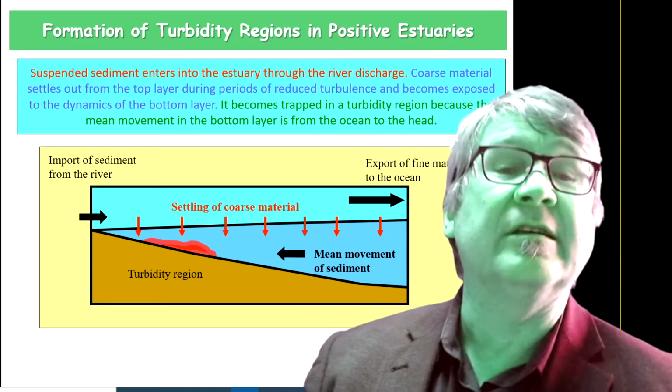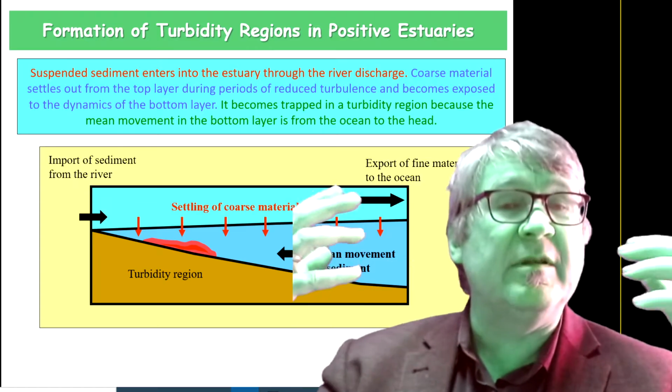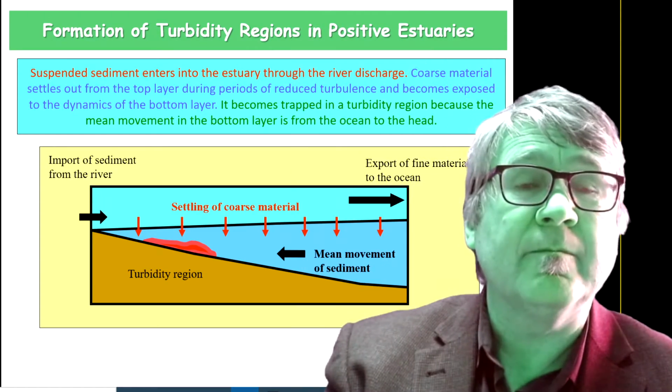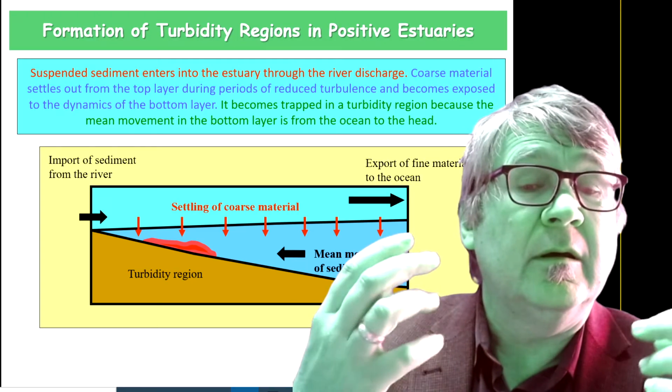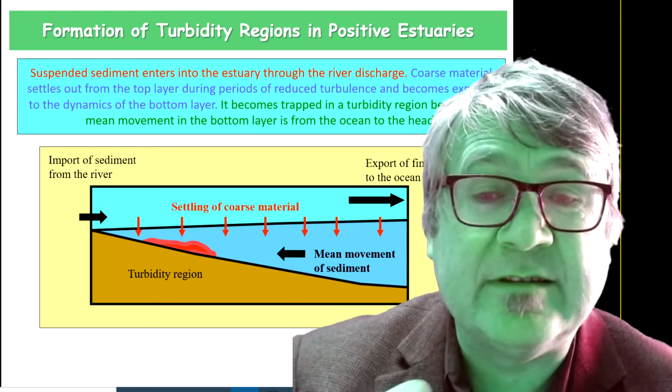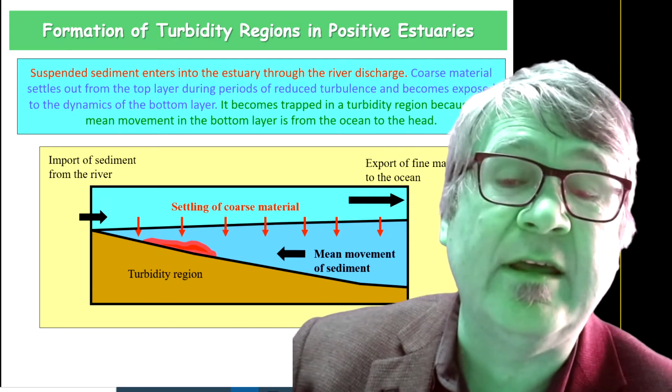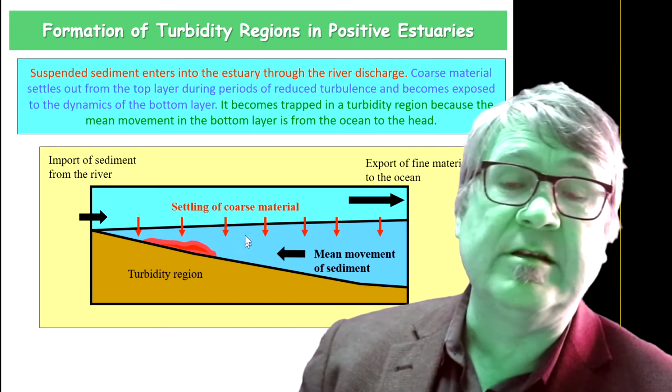Okay, so this is a trap for sediments. The sediments become trapped in the lower layer, and sediments become moved up the estuary and end up in a turbidity region.